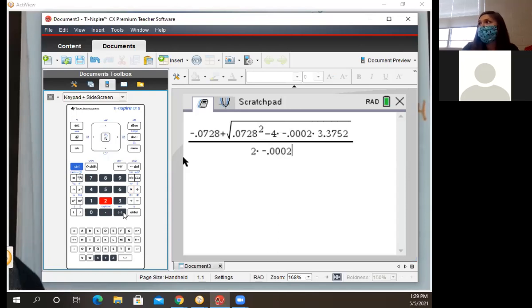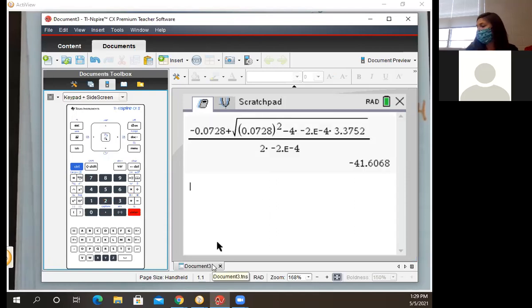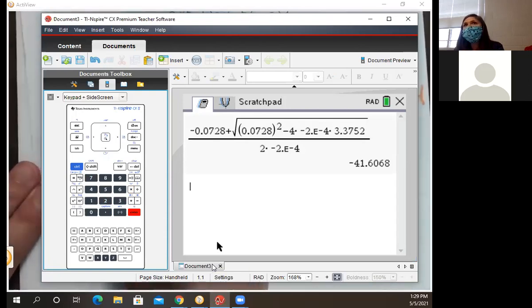There's my function, exactly as I wrote it on my paper, but with only the plus sign. Hit enter. There's my first solution. So I get x equals negative 41.61.